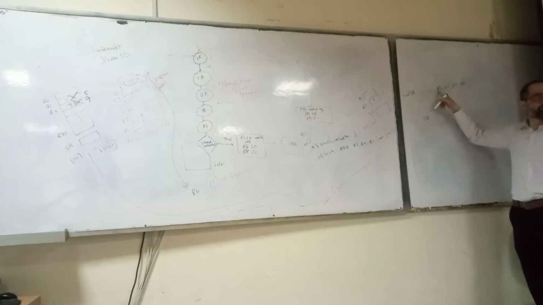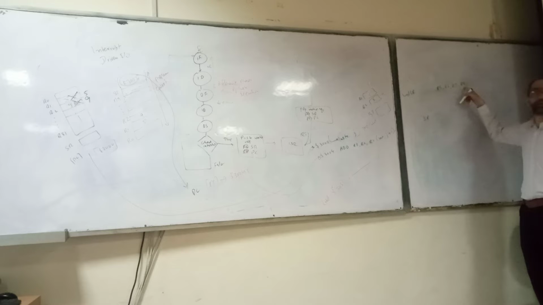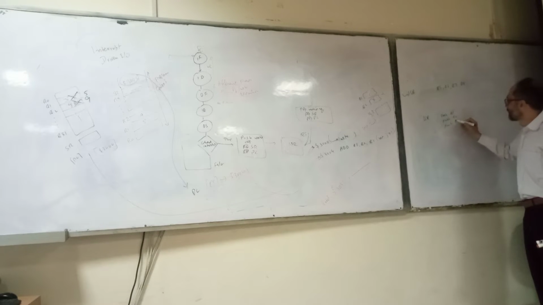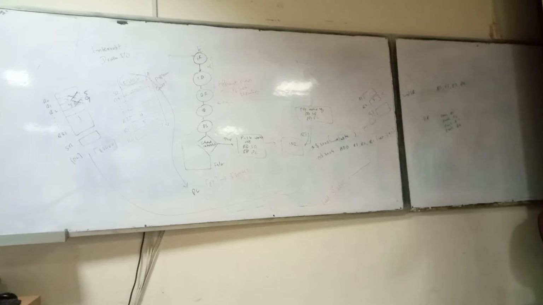You say, okay, because I am using R5, R6, R7 and R9, what you can do? First, it will push R5, push R6, push R7, push R9. How many working registers have been saved on this stack? 4.